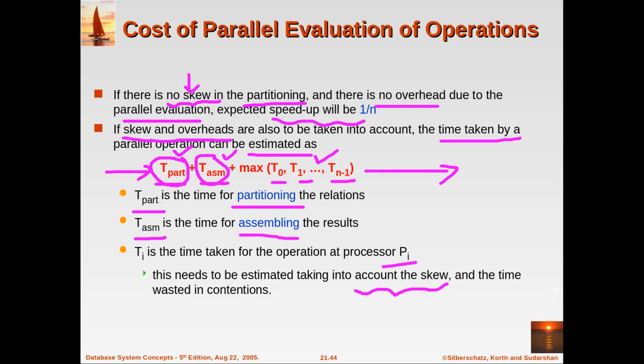So we have seen several example operations, several algorithms for sorting, some algorithms for join operation. Then we have seen parallel selection, parallel duplicate elimination, parallel projection, then parallel aggregation or grouping, and finally the evaluation of cost for the parallel execution of a single operation, that is, when we are implementing intra-operation parallelism.